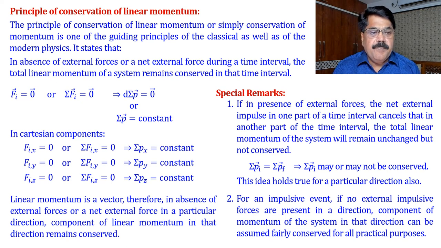So what can we say? We can assume the momentum of the shell to be fairly conserved, but not strictly conserved. These are the two very important ideas which we can understand only in the light of the impulse momentum principle. Now we are ready to apply what we have learned to some example problems.